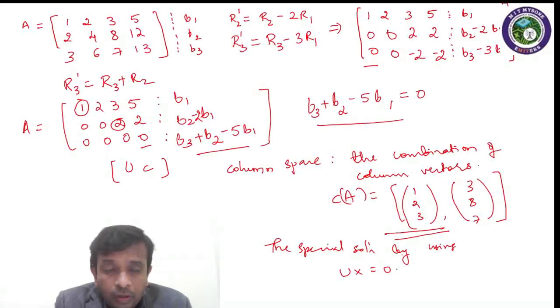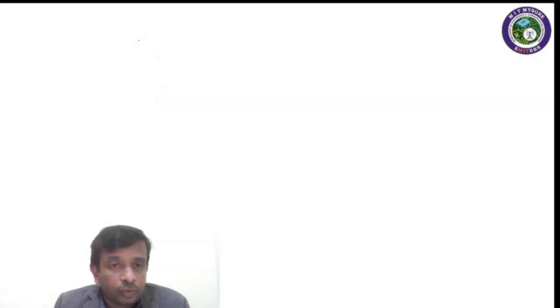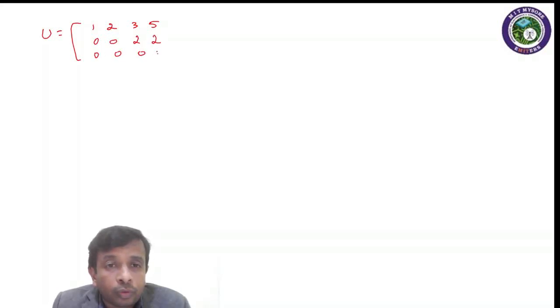So now, if I have to write U, that is 1, 2, 3, 5, 0, 0, 2, 2, and 0, 0, 0, 0.